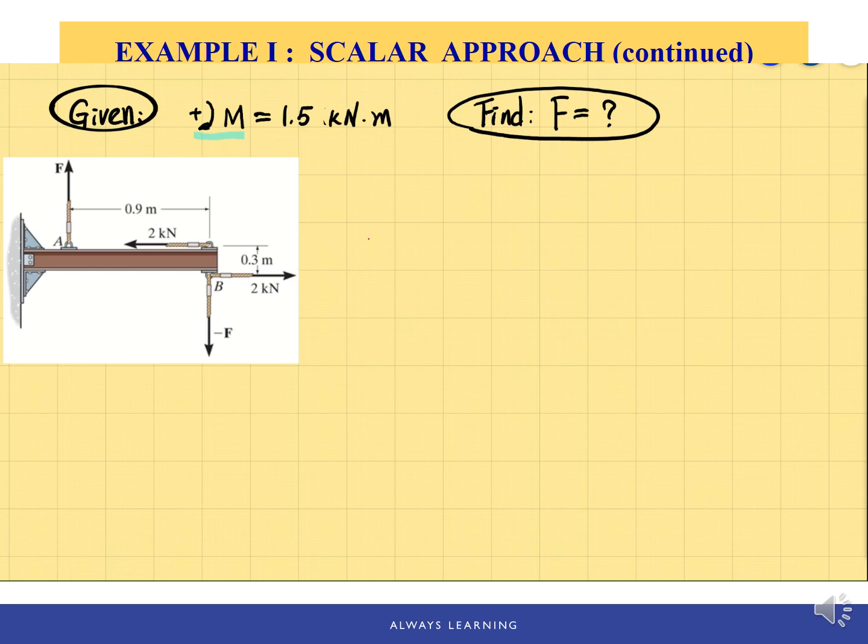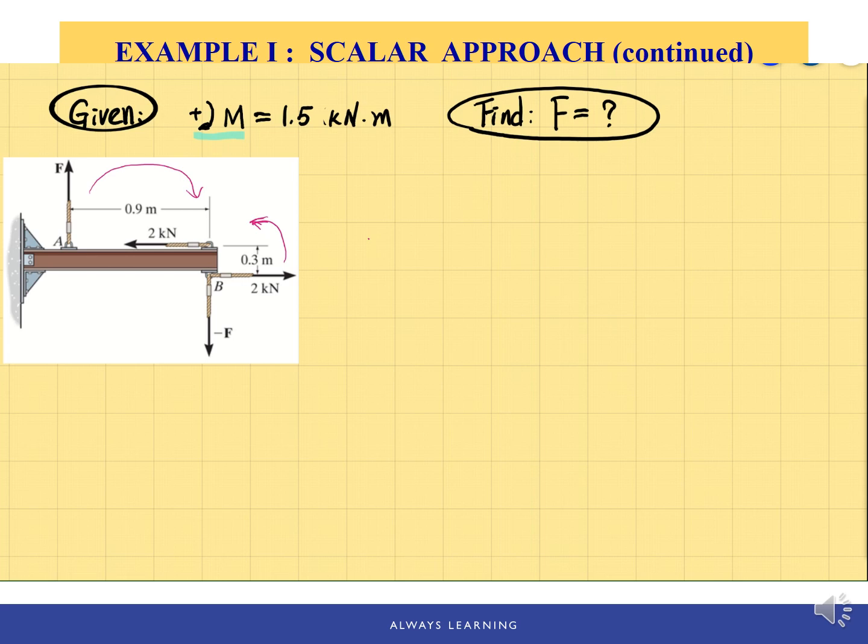For the first couple, the 2 kilonewton couple, clearly will create a counterclockwise rotation. And for this F, the couple moment with magnitude of F will create a clockwise rotational effect.